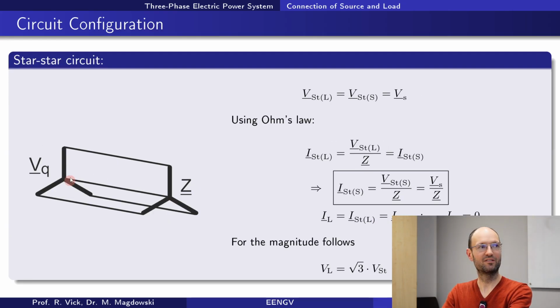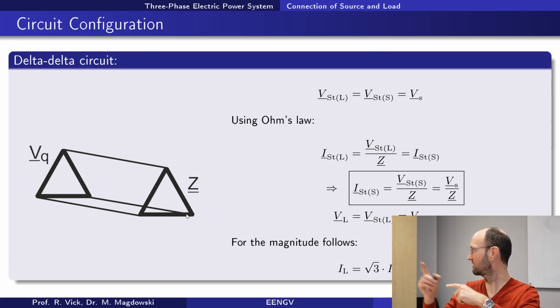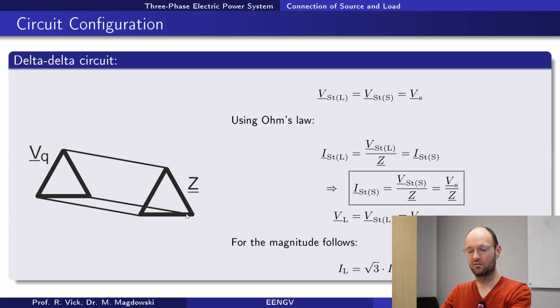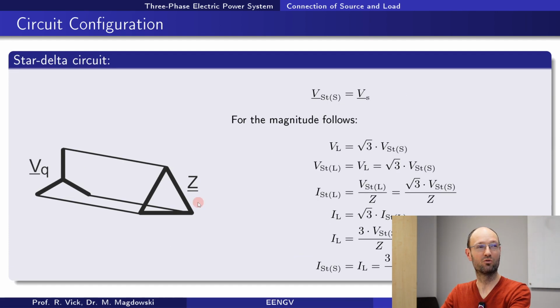If I take the same source and now also connect the source in this way, I get at the end 3 times more current, and so I get 9 times more power. So you can play around with powers. And so this of course also works the other way around. So we could, for example, also have a motor and connect a motor.